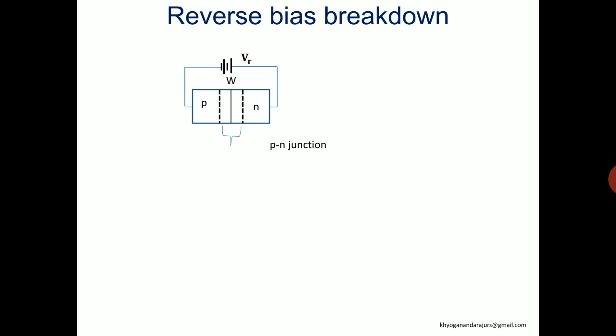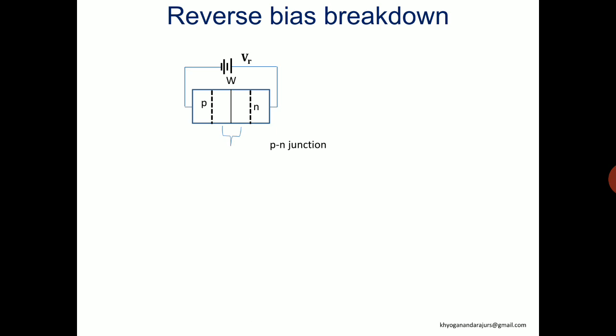What happens now to the transition region when we apply reverse bias? We know from the previous class that the transition area becomes wide. You can see the transition area has widened.